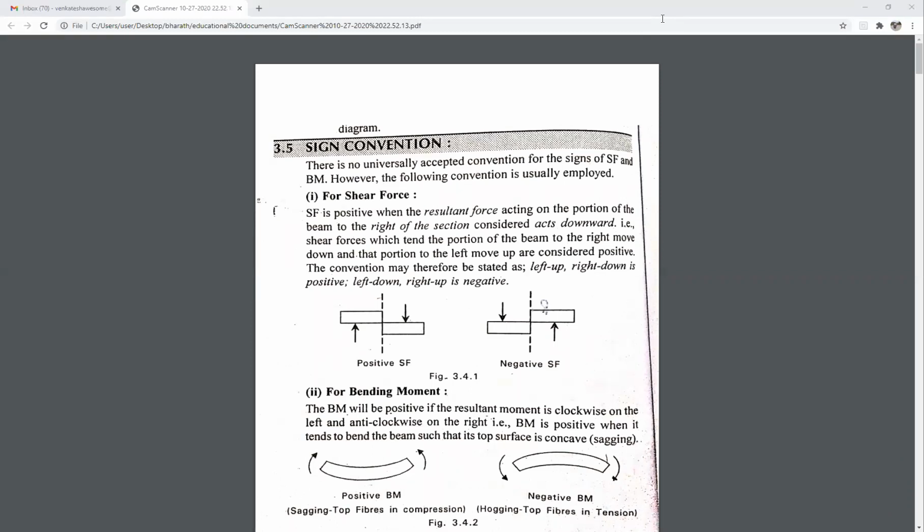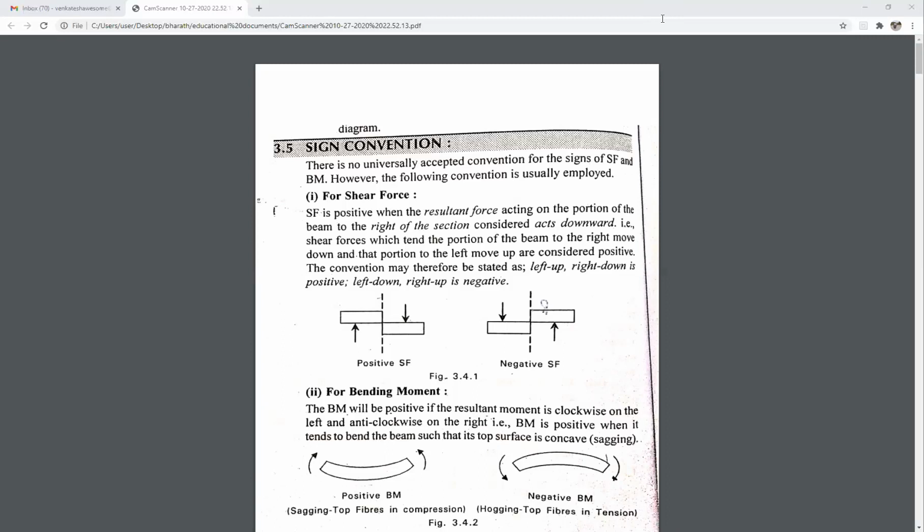What is the point of contraflexure? It is the point where the shear force goes to zero or the bending moment changes its sign, from negative to positive or positive to negative. We can call it a point of contraflexure.